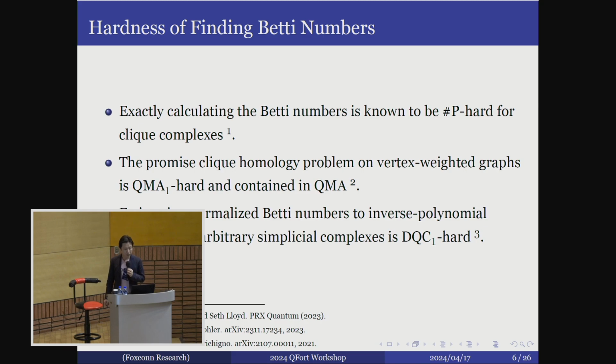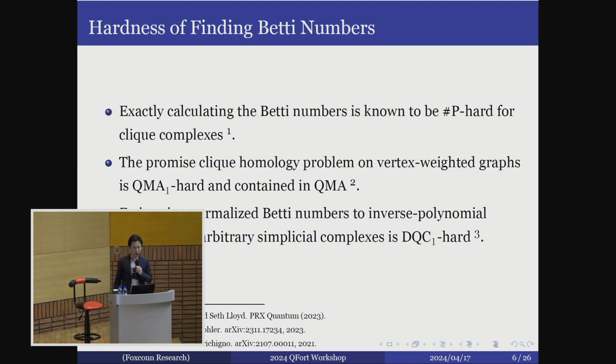But there is good news, at least in the quantum domain. If you want to compute the normalized version, which means that you normalize beta k by the number of homologies in it, estimating the normalized Betti number is DQC1-hard.